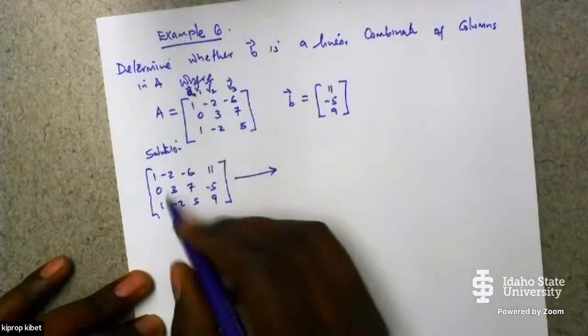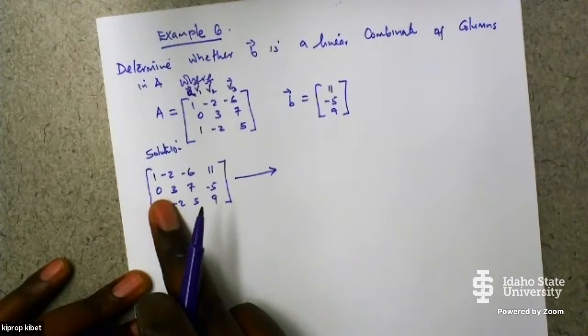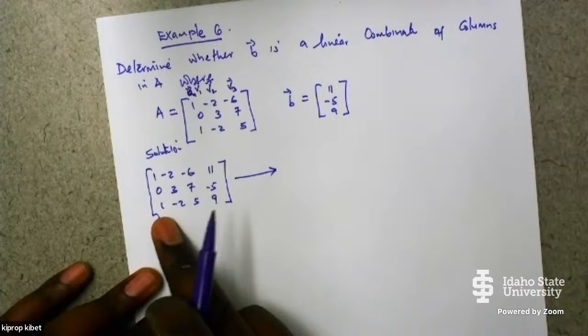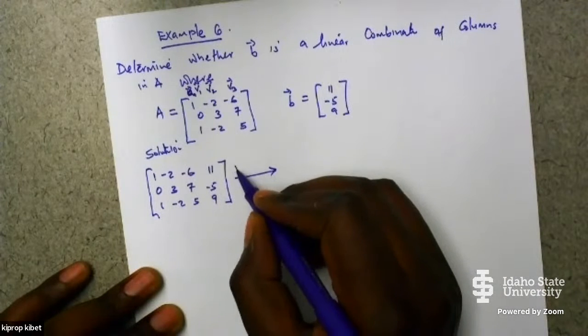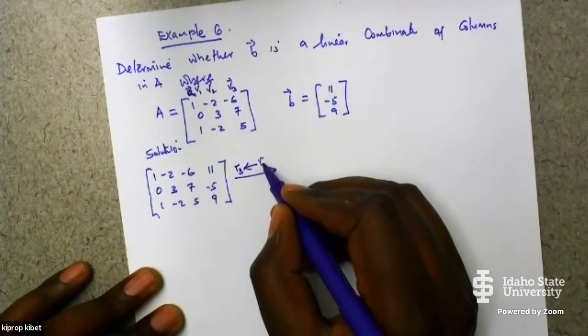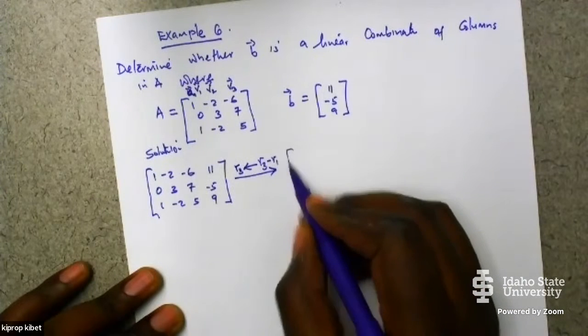To reduce this, they have already reduced the first entry in the second row, and so we reduce the last one. To get the new R3, it is R3 minus R1.